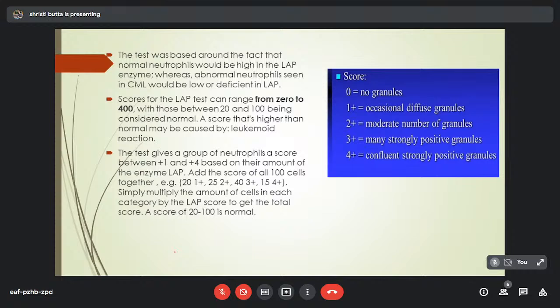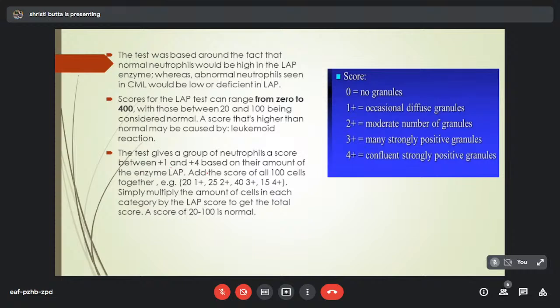The test was based on the principle that normal neutrophils, remember, would be very high in LAP. However, these abnormal neutrophils in CML, okay, as well as the immature forms, would have a low or deficient LAP. Scores of the LAP test can range from 0 to 400, and those between 20 to 100 are considered as normal. A score that's higher than the normal is obviously associated with a leukemoid reaction.